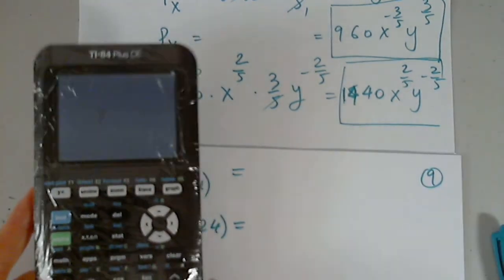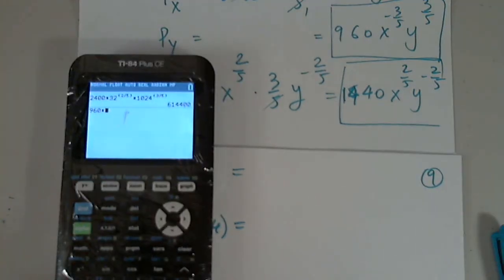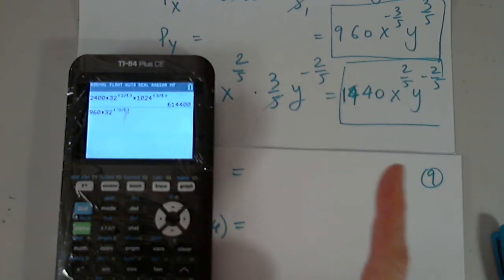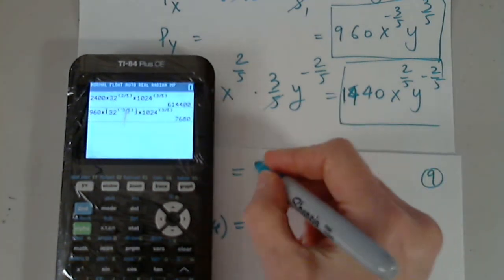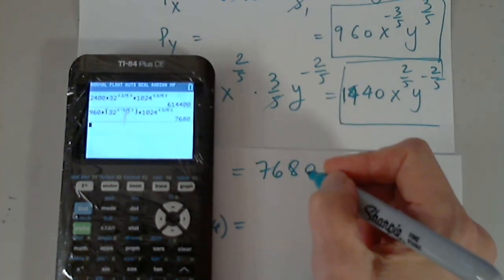I will directly plug it in. 960 multiplied by 32 caret, in parentheses, I have negative 3 divided by 5, and then I have 1024 caret, and the power is 3 divided by 5. 7680.